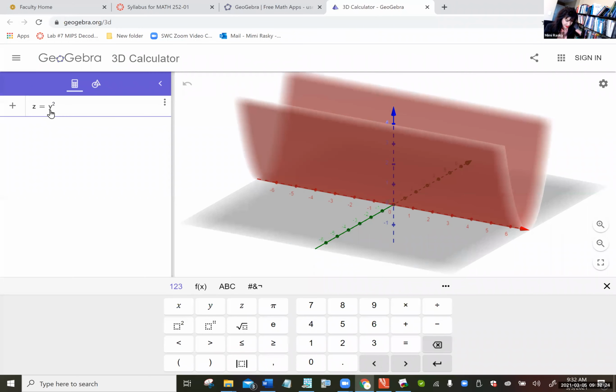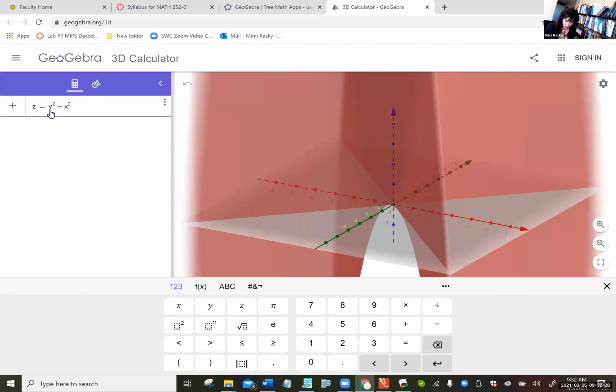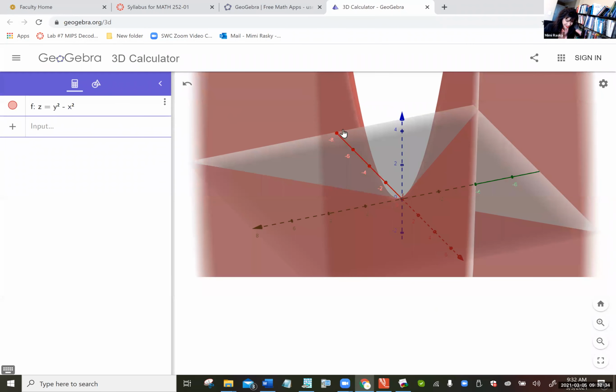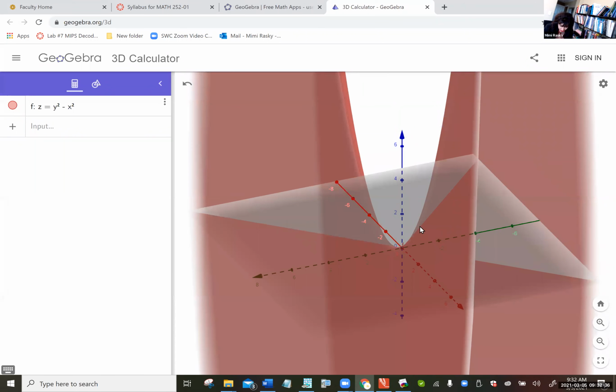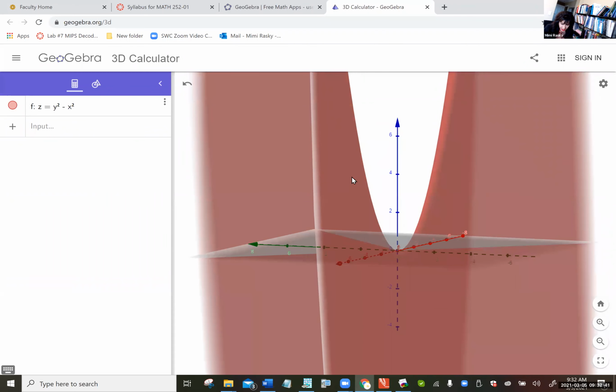So if I'm graphing the y squared minus x squared function, whoa, what just happened? You'll notice that is one funky looking surface here. I don't know how to back out here, but it basically looks like a horse's saddle, which is really hard to see here.